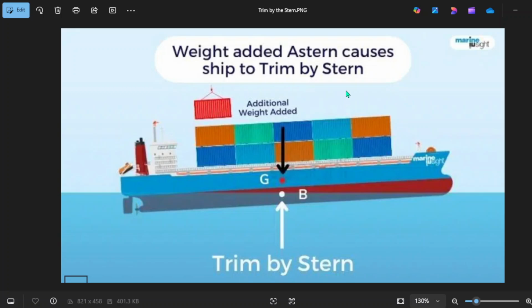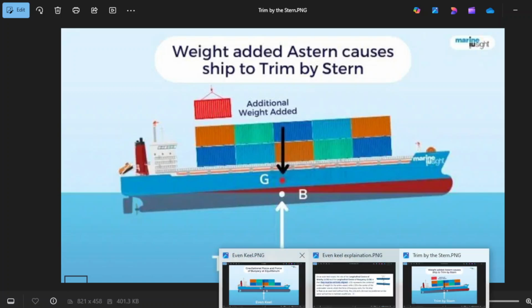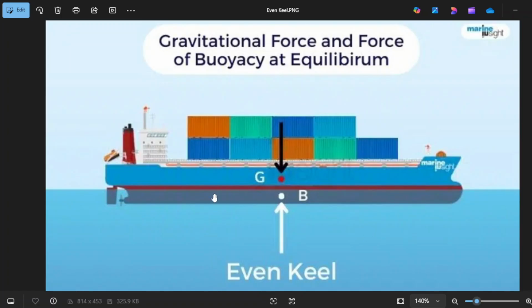You have to load on hold number 1 and hold number 6. When putting cargo of around 3,007 in number 1 and number 6, the vessel will go to even keel. This will go down and this will go up. The situation will be like this, even keel. Okay?